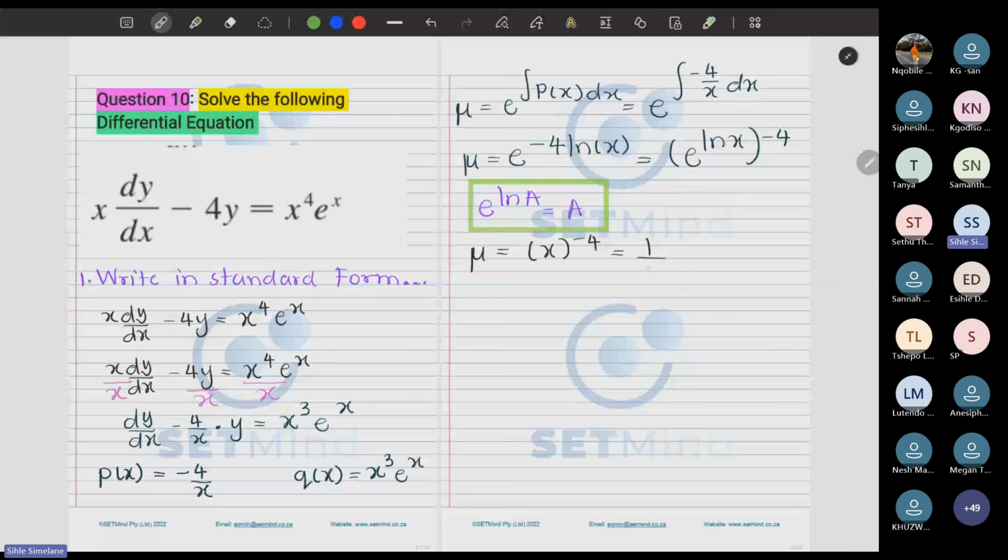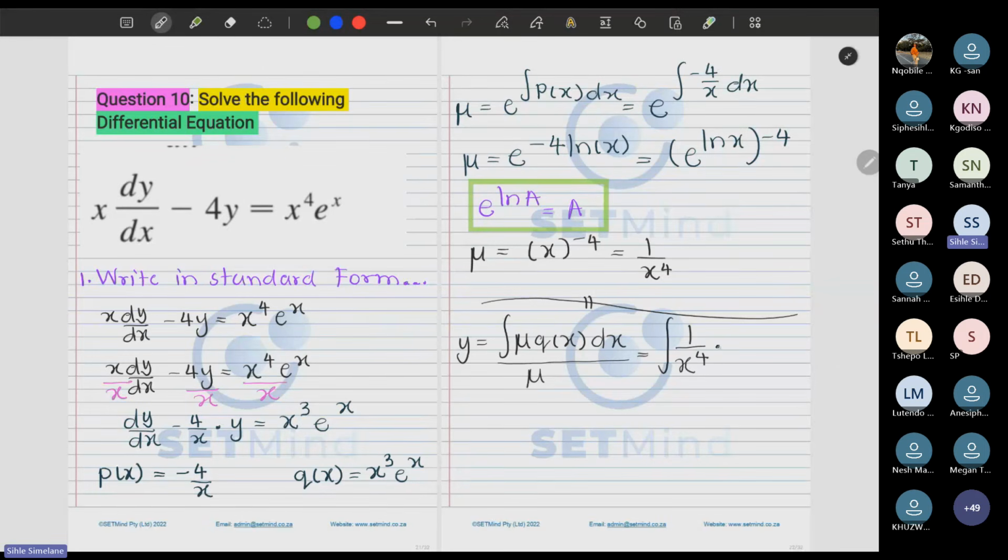And guess what? Next, we are going for y. So we know that y is the integral of our factor with q of x dx divided by our factor. So this integral becomes 1 over x to the power of 4 times our q of x, which is x to the power of 4 times e to the power of x dx.